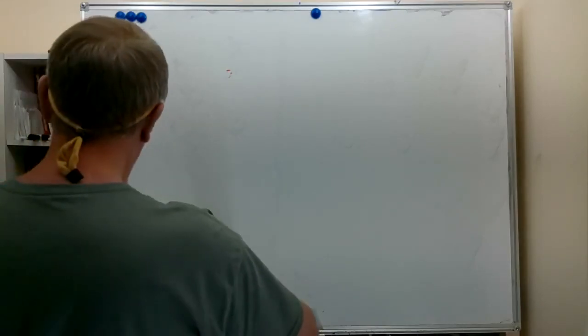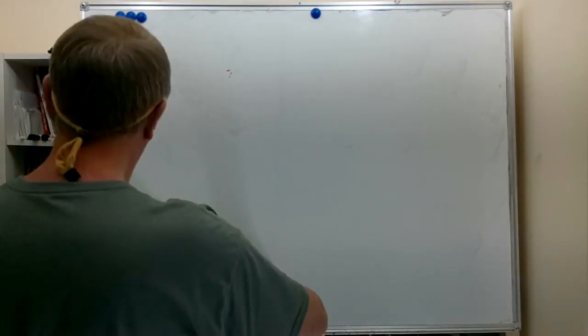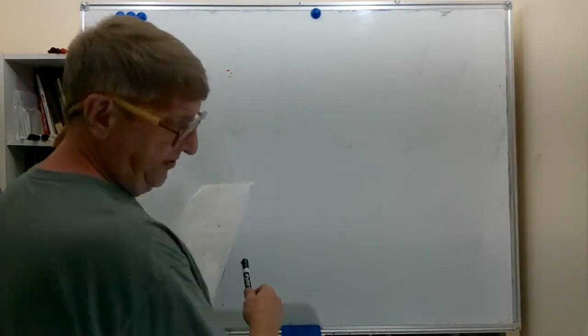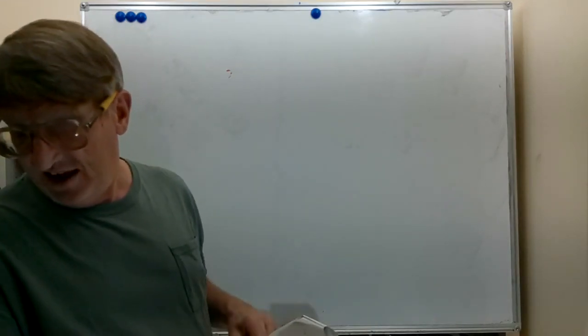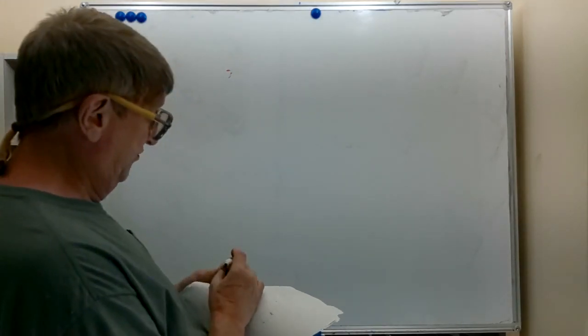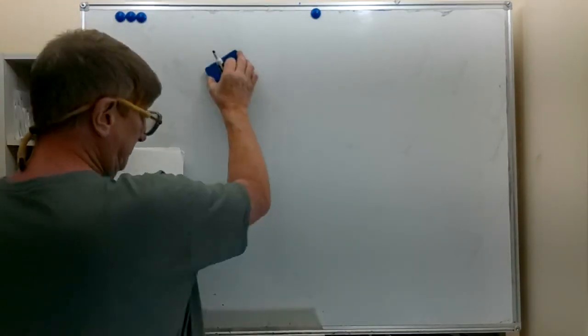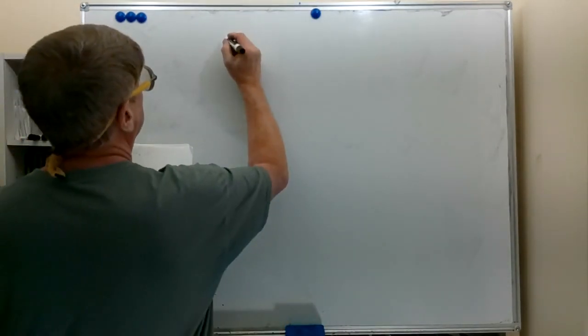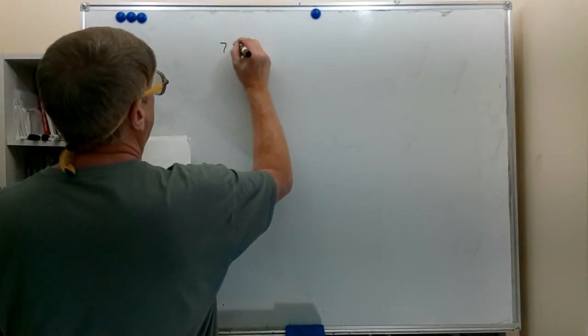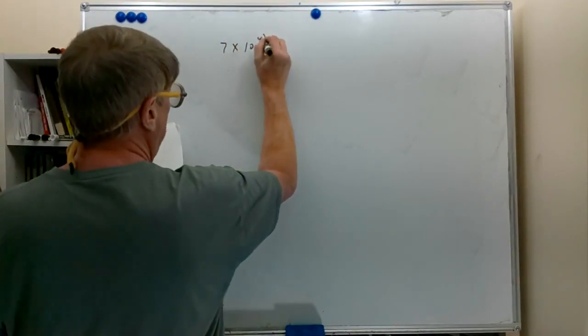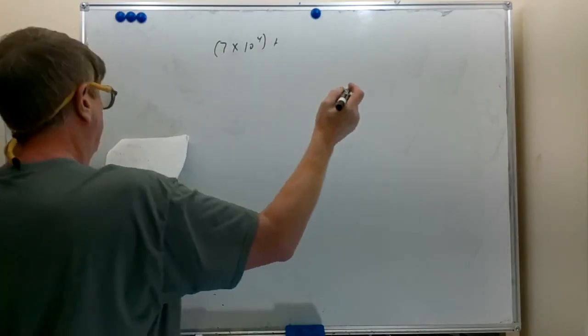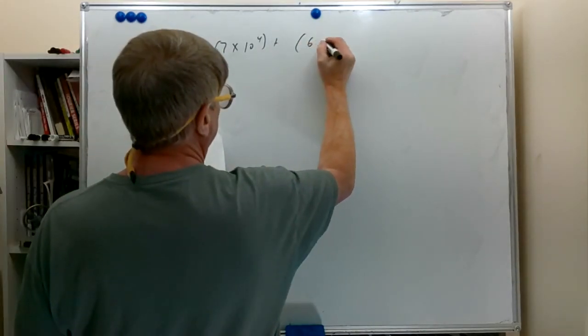Okay, we're going to add these numbers up and we're going to express the answer as powers of 10 and in ordinary notation. So we got this number here, 7 times 10 to the 4th plus 6 times 10 to the 3rd.